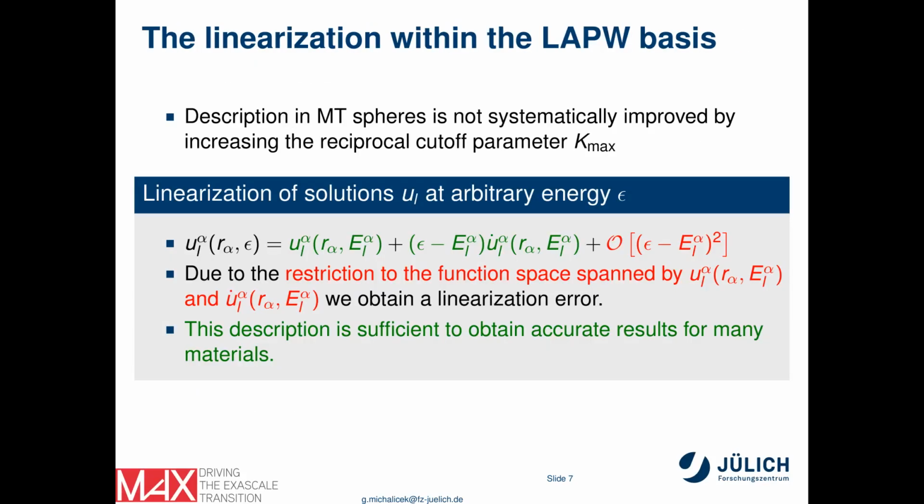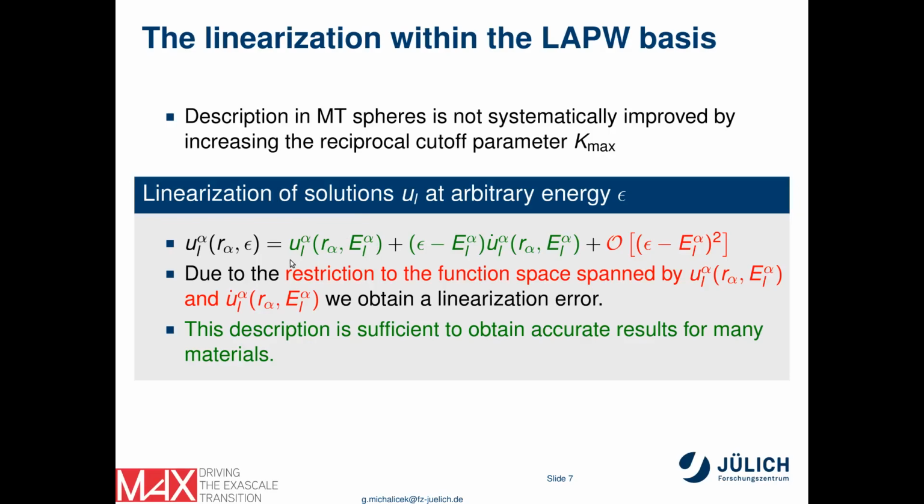So one more aspect about the LAPW basis that you have to keep in mind is the linearization. So consider that we want to describe some state at an arbitrary energy epsilon. We can expand the state in terms of a power series around the energy parameter EL alpha.